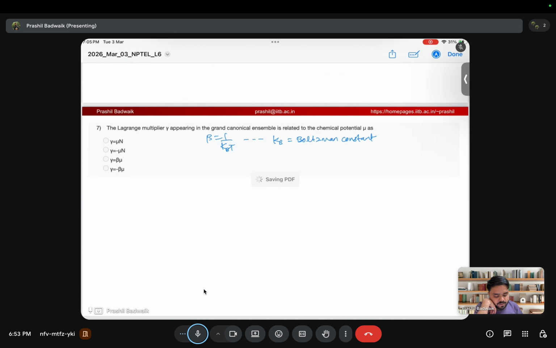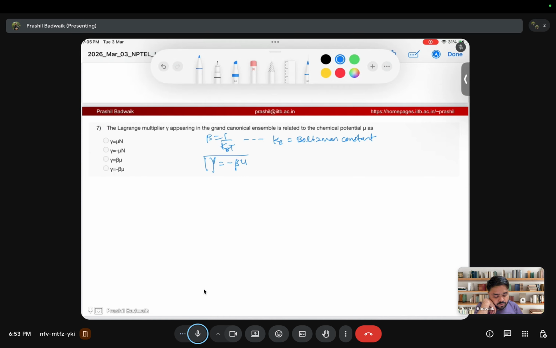Similarly, gamma we get is equal to beta into mu, right? So this is option number 4, which is correct.